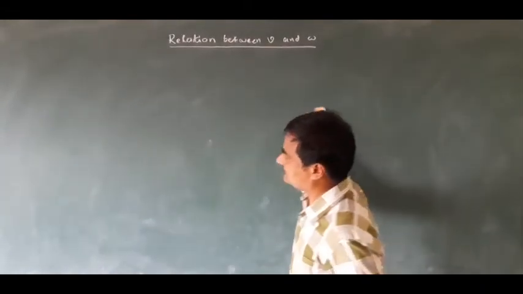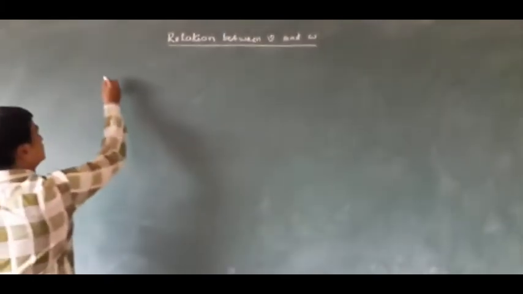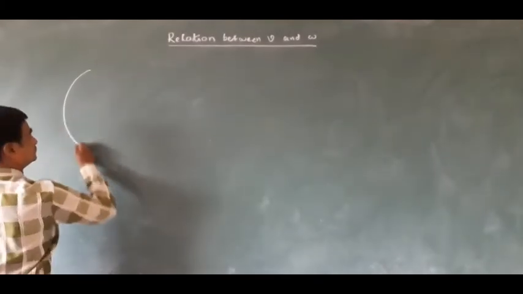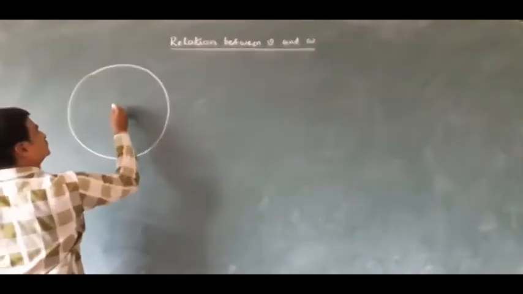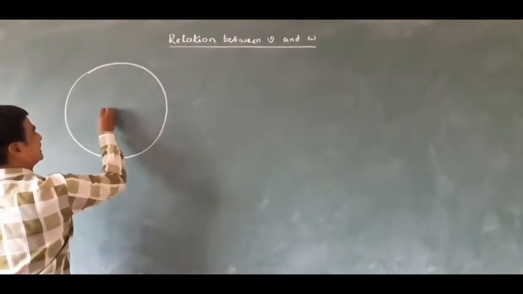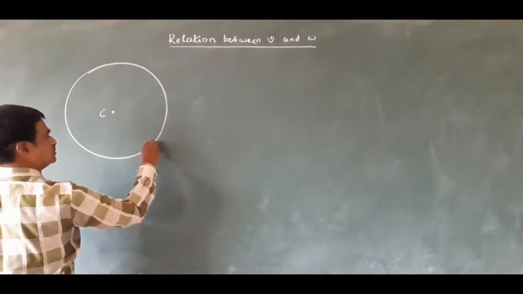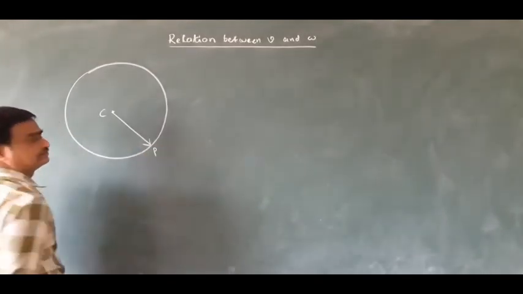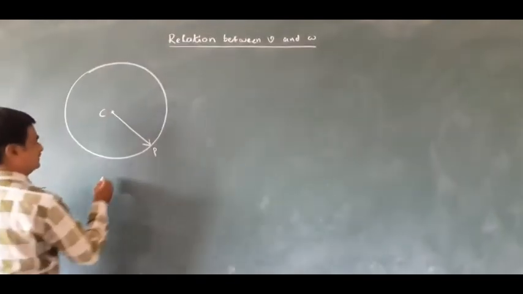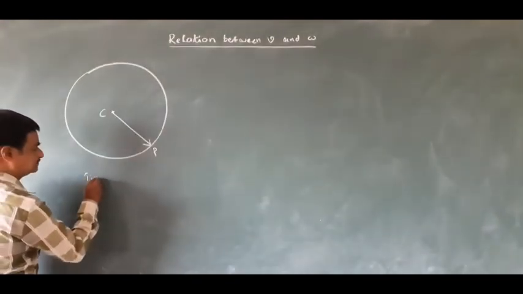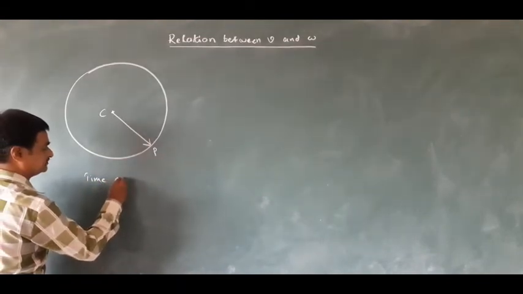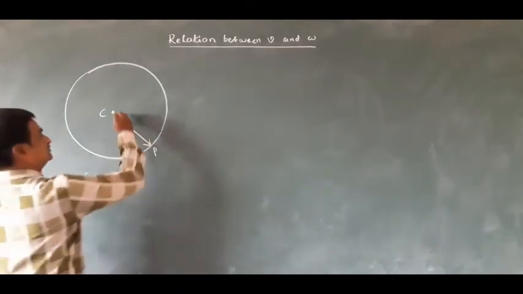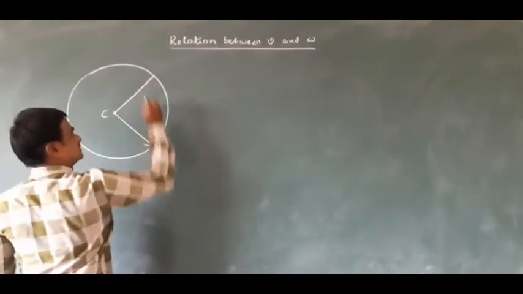For this, we just take uniform circular motion. We take the center as C, the initial position as P. Then, after time delta T, the particle is present at P dash, P1.